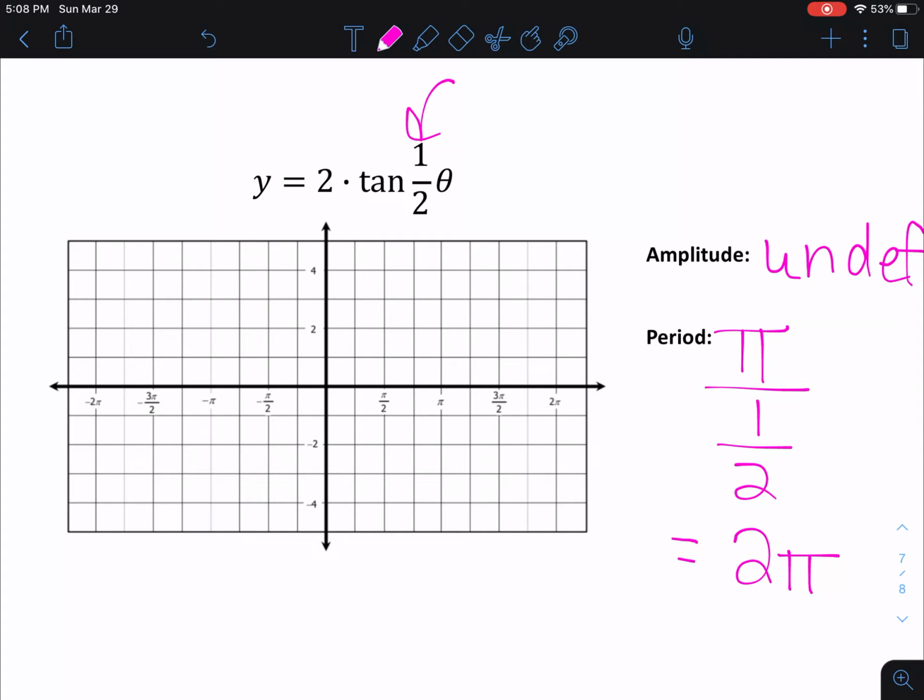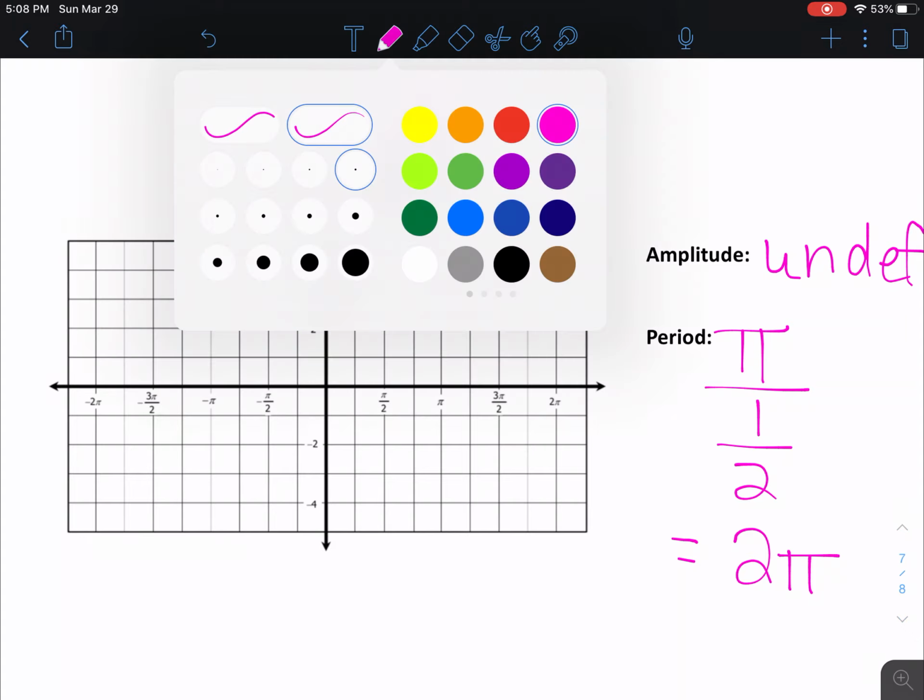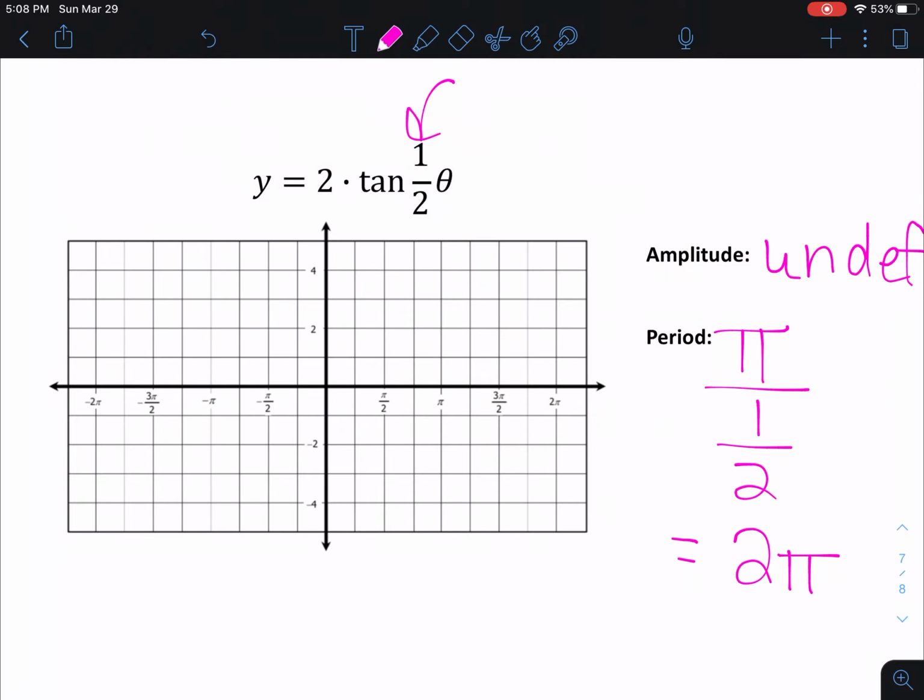Okay, so remember when we're doing this then, if you'll recall, tangent starts at 0, usually has an asymptote line right here, usually goes to 1, and then -1 over here, and then we have another asymptote line, right?